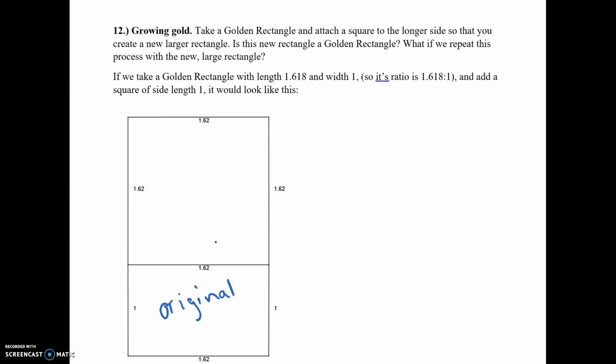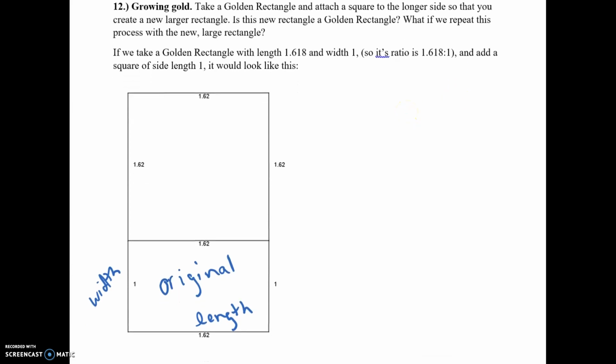So the original width was just 1, and the original length was 1.618. So when we put that in a ratio, it's 1.618 to 1. If we check this second square we're adding, we're adding 1.618 to the width, and the length stays the same.